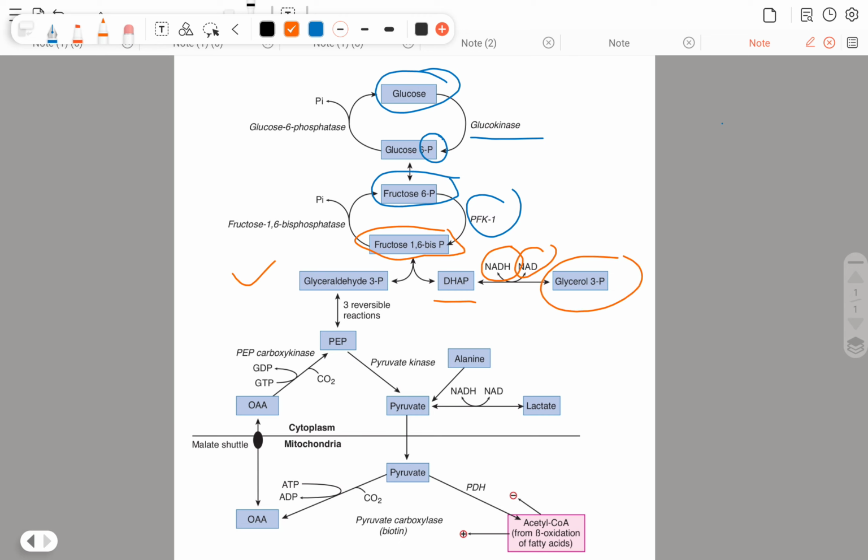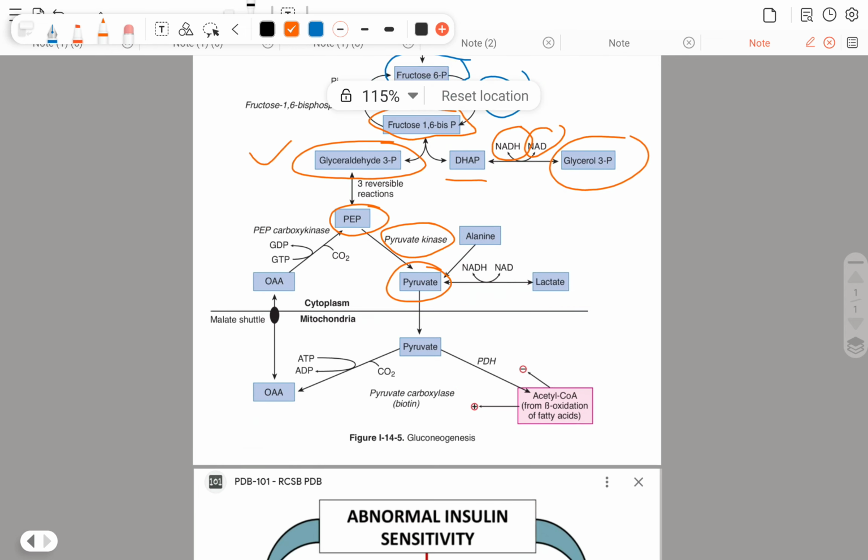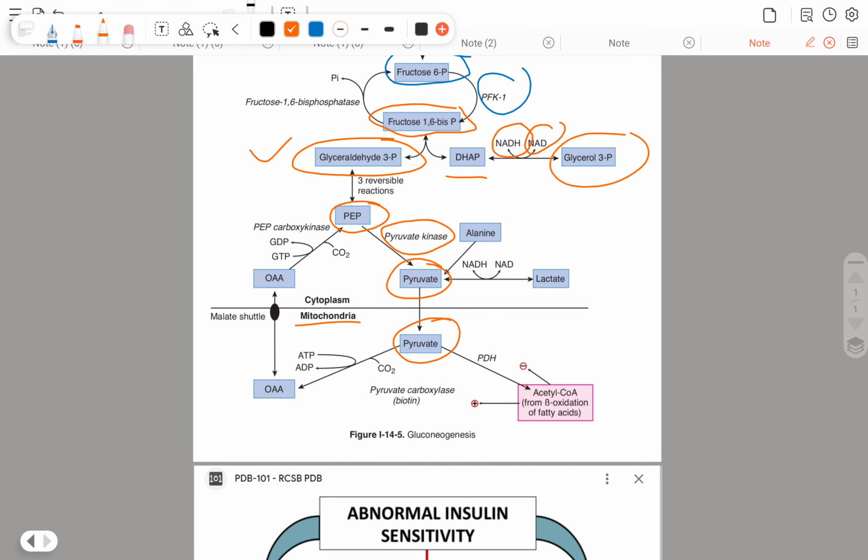The next step is converting the glyceraldehyde 3-phosphate to phosphoenolpyruvate. And the phosphoenolpyruvate by pyruvate kinase converts to pyruvate, and pyruvate enters the mitochondria.